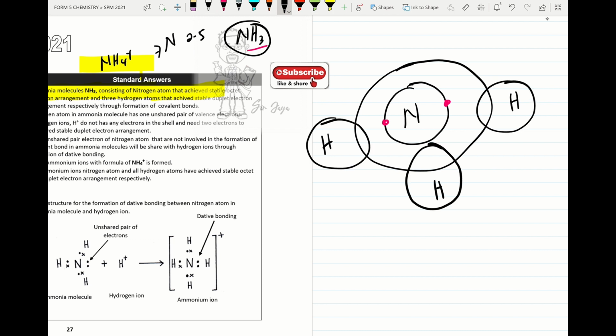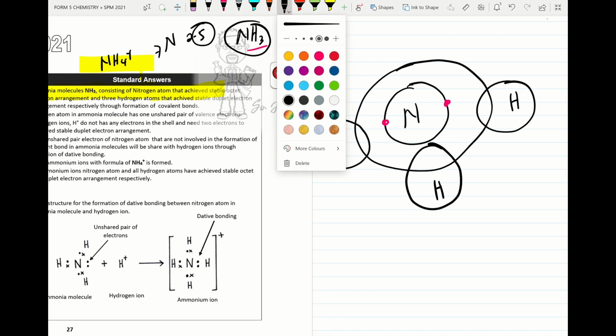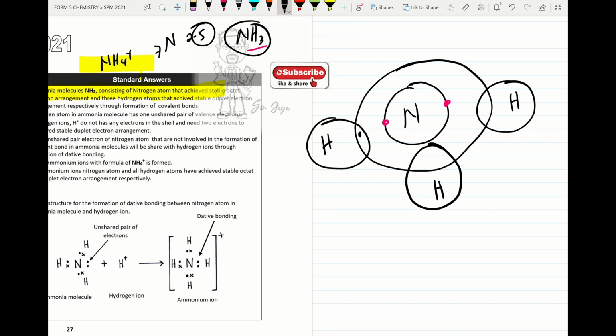The nitrogen atom has 5 valence electrons. Each hydrogen atom will contribute 1 electron for sharing, and nitrogen will contribute 1.